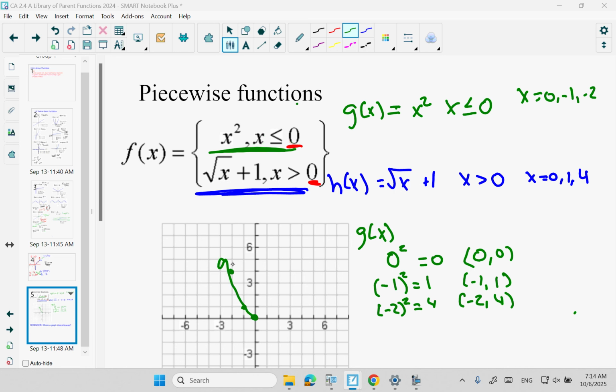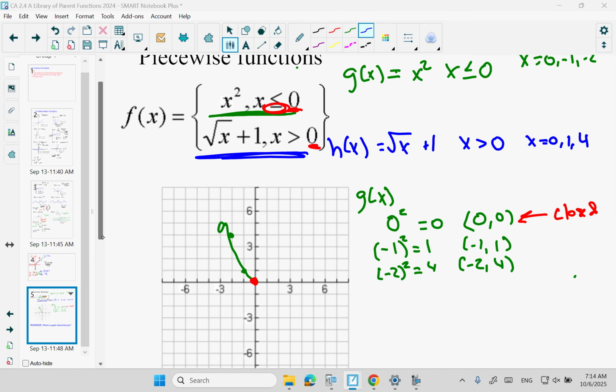Now, it's important to note that this 0 is in conflict, but I have the equal to. Because I have the equal to, this has to be a closed circle, which you see right there. Has to, because of the equal to.